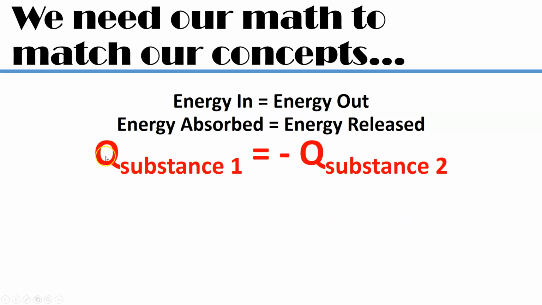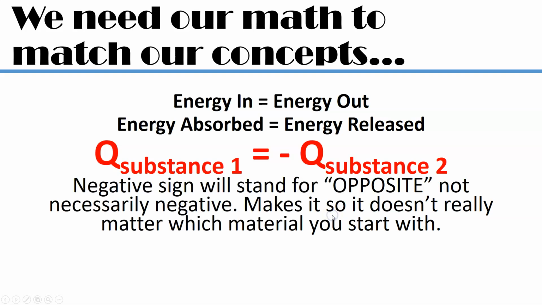So we say Q = −Q. And that sounds a little strange, but remember that a negative sign can just mean opposite, okay? So what we're saying is that one substance will have the opposite algebraic sign of the other.